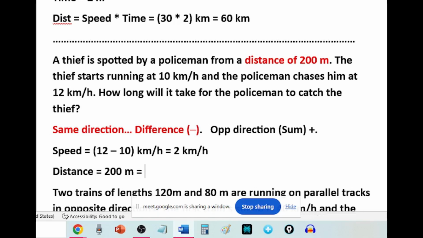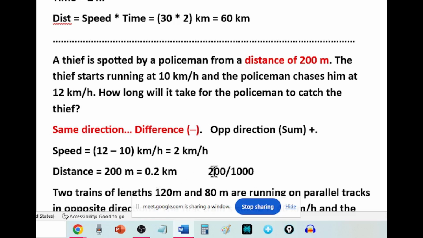200 meters, how many kilometers? 200 divided by 1000.